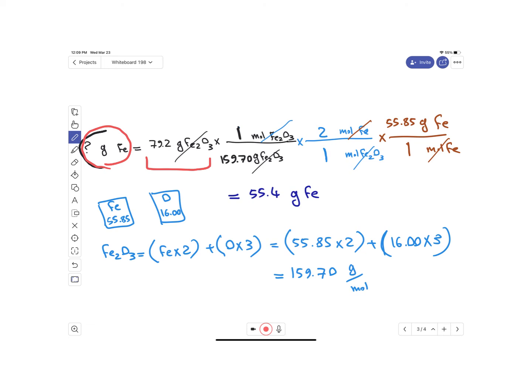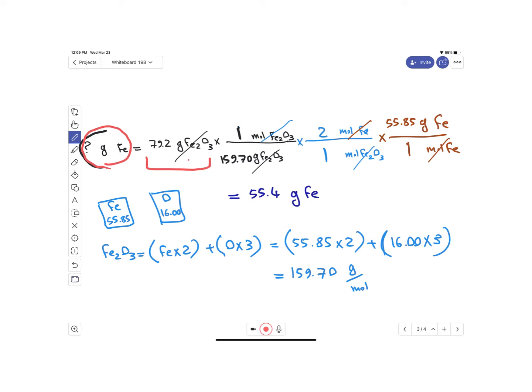That is the only time that you convert gram to gram directly. Other than that, 99% of the time, you should convert grams to moles by molar mass, convert moles to moles by chemical formula, and moles to gram, again, by molar mass.